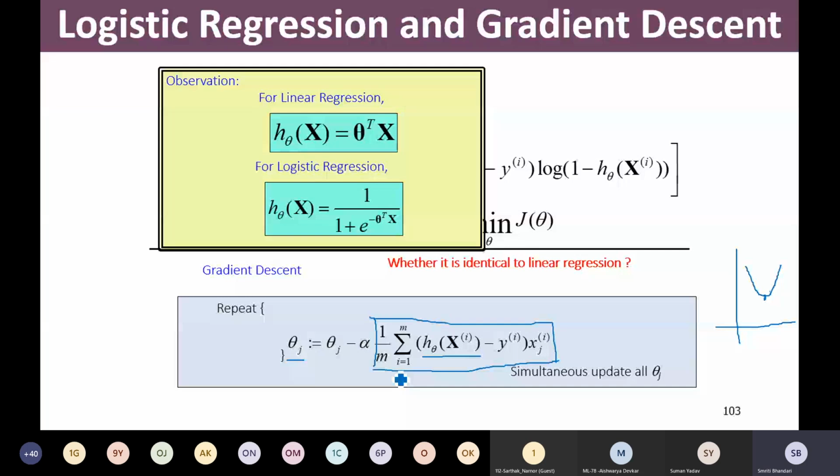That is why we say that linear regression and logistic regression are not the same, but different. Okay, may I proceed? Yes, ma'am. Fine.